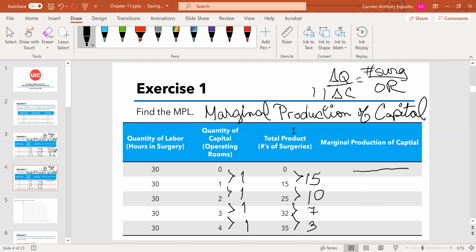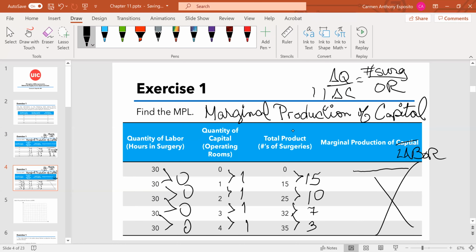Well, to go from 30 to 30 is 0, 0, 0, and 0. And so there is none, so instead of finding capital, we wanted labor. There would be none because labor's not changing. And here, labor is constant.